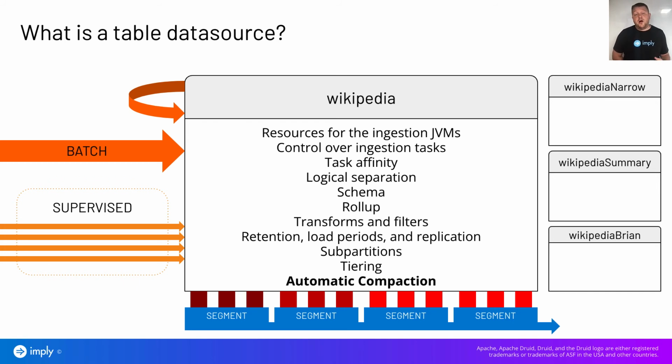Also per table are rules for automatic compaction. Automatic compaction is like a defrag task, and it will consolidate and generally hug your segments. It is configured per table data source, and that configuration includes settings for how much of the data will be compacted and what the compaction configuration is that you want.